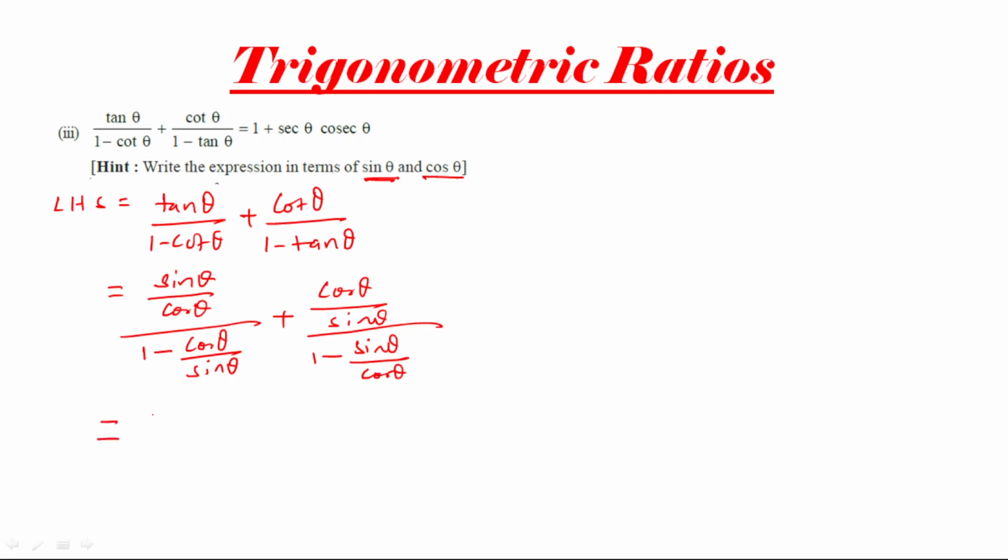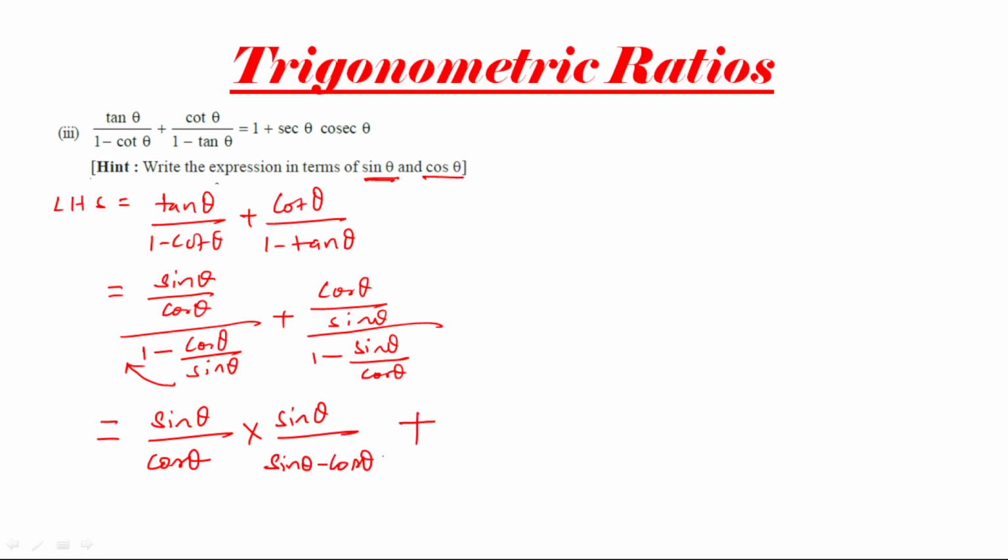Now, this one will become sin theta by cos theta. Here we are taking LCM, so the denominator will go at the top, and the numerator will be sin theta minus cos theta.